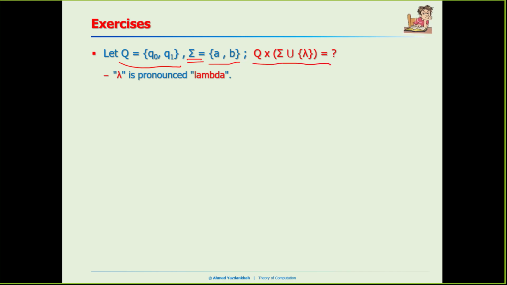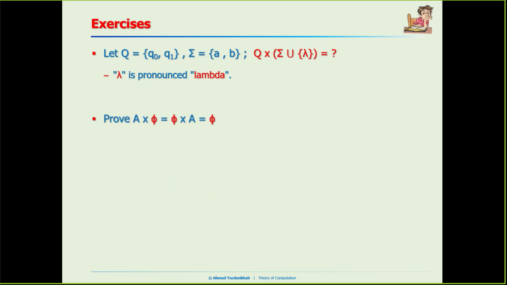First you would need to make this union {Q0, Q1}, Cartesian product, sigma union lambda. So sigma is {A, B}, and when you union it with lambda, we have lambda here. So you need to make a Cartesian product between these two, which is very easy.